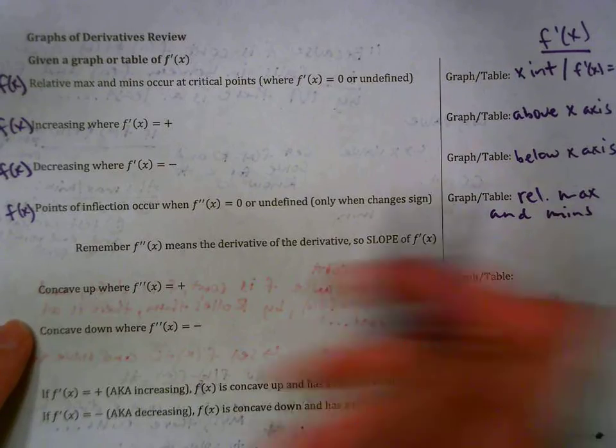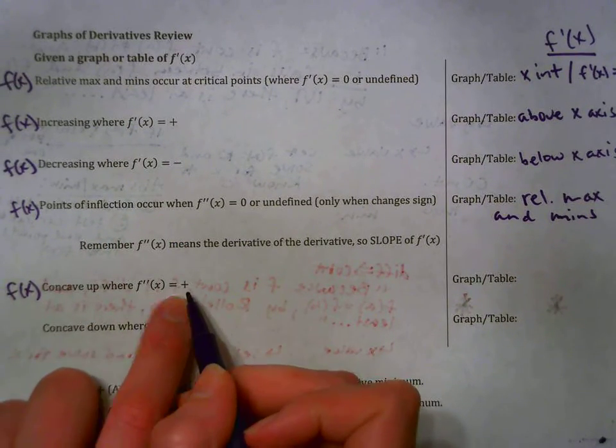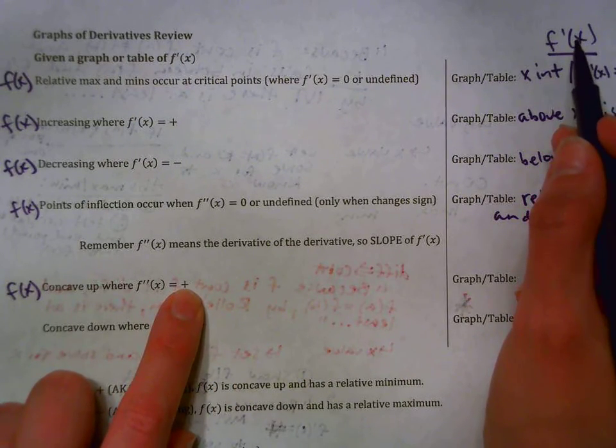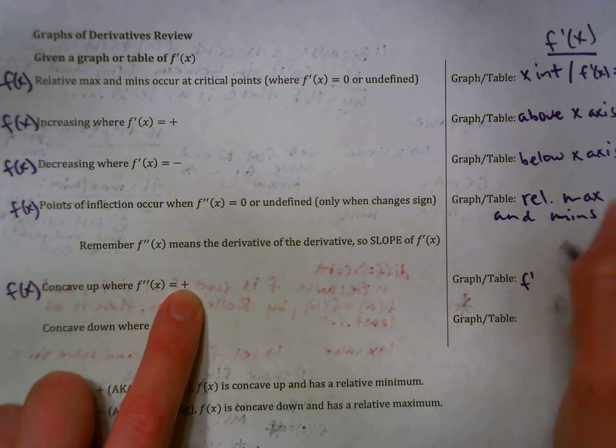And then when is f of x going to be concave up? Well, when f double prime is positive, which is this slope. So when does f prime have a positive slope? I haven't been writing f prime, so I'm just going to write when it's increasing.